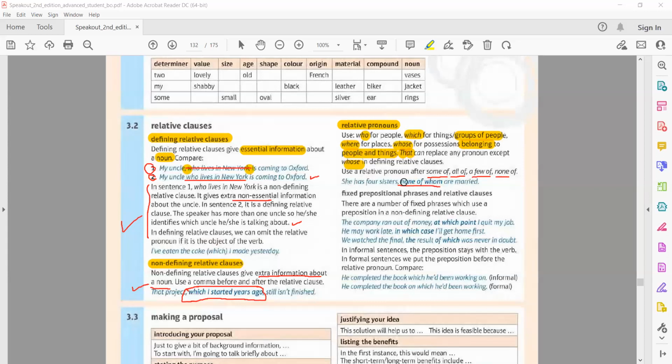Teacher, when can I use whom and when should I use who? Well, it's a bit confusing. Thank you for the question. Now, if you look here, none of whom are married. Who are they talking about here? Her sisters, right? Yes. She has 4 sisters.